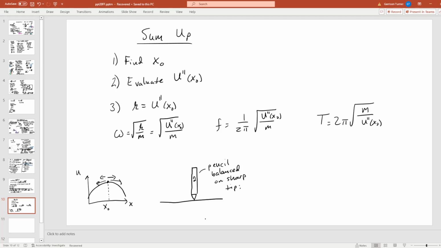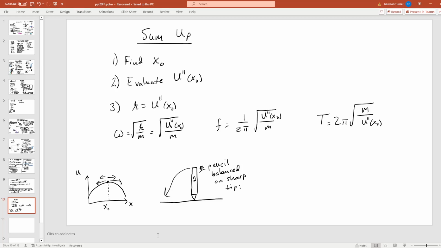It might be extremely hard to do, and it might take me a while, but there's nothing that says I can't balance my pencil on its tip. The point being, once it's balanced, if I give that pencil any sort of tap, it is going to fall over. It is not going to lean one way and then come back to the equilibrium position and start oscillating. Let's say I give it an ever so slight tap this way, and the pencil falls over. So that is an example of an unstable equilibrium.